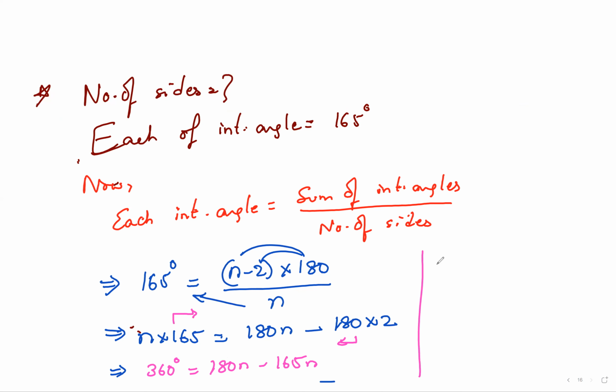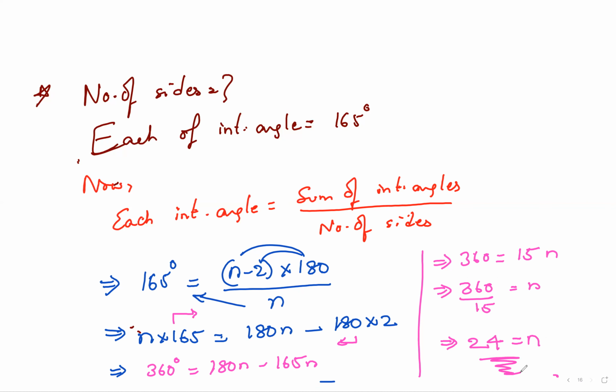So that implies 360 is equal to 180 minus 165, which is 15 n. So n is equal to 360 divided by 15. 15 twos are 30 and in 60, 15 fours are 60. Therefore, the number of sides is equal to 24.